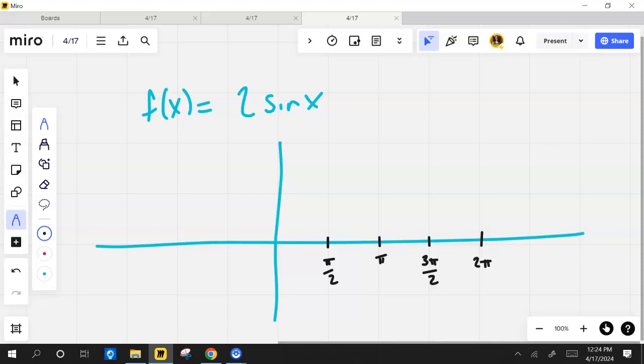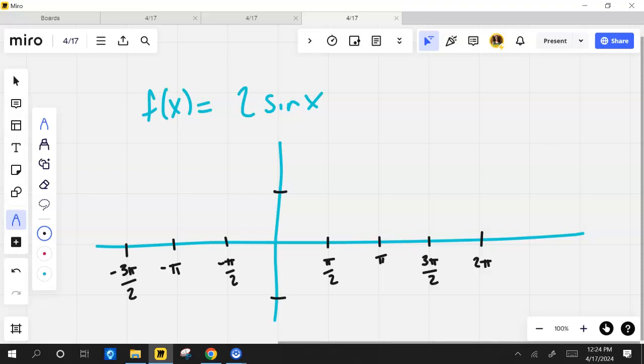If I graph just the parent of sine, what does that look like? Where do I start, though? That's always the hardest part, is where to start.